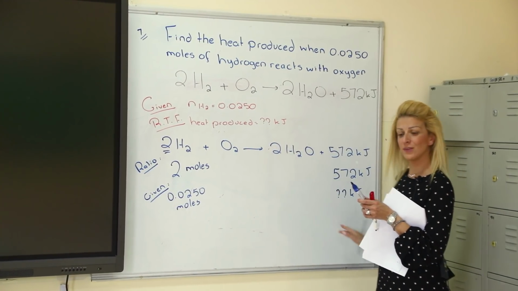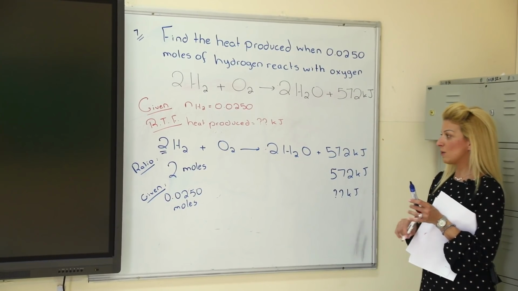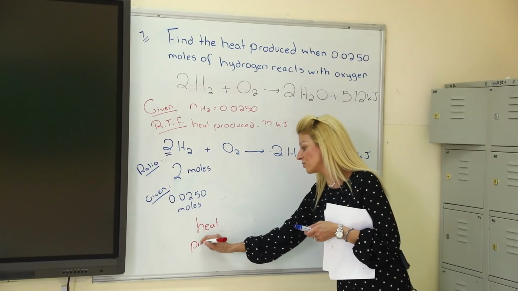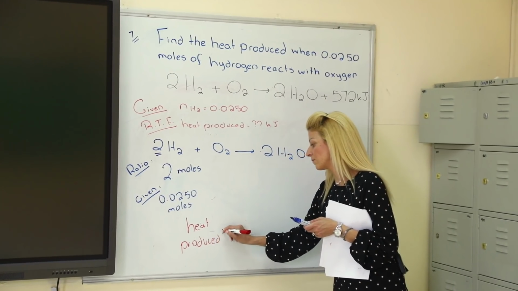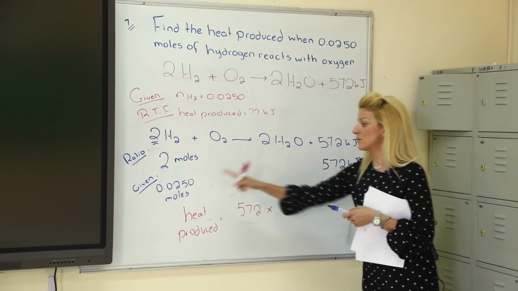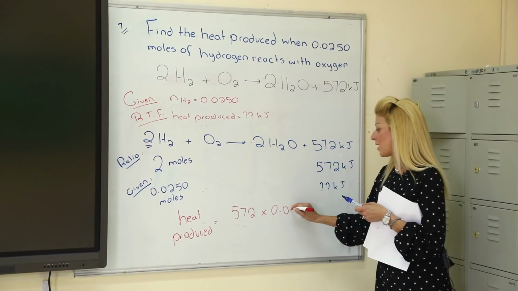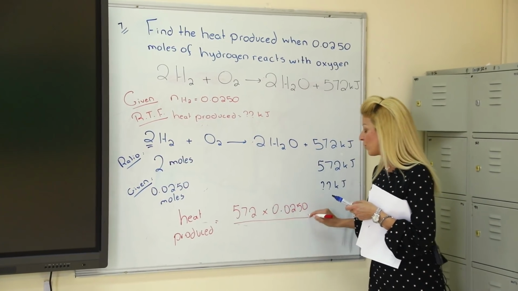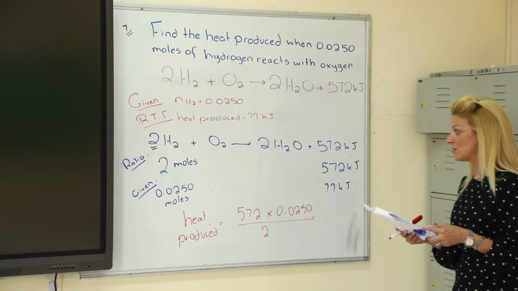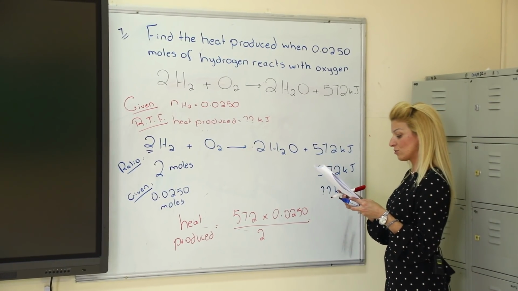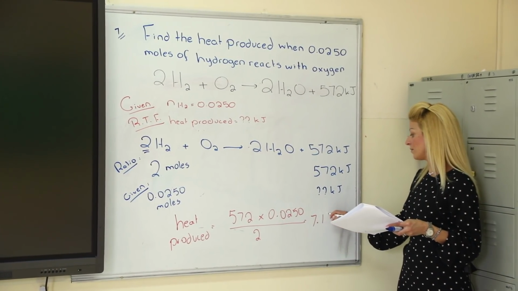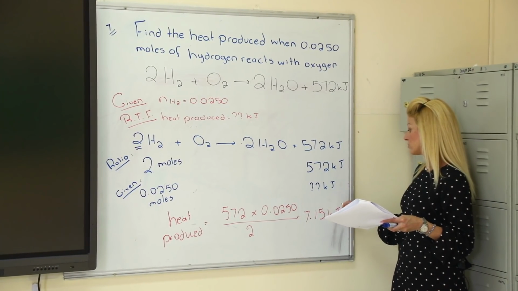We do a simple cross multiplication and we get the heat produced in this reaction equals 572 times 0.0250 over 2. So if you go to your calculator and you do this calculation, you're going to end up with 7.15 kilojoules.